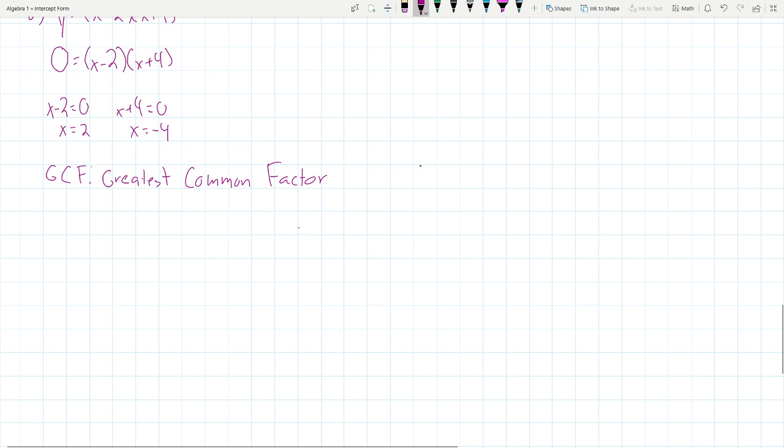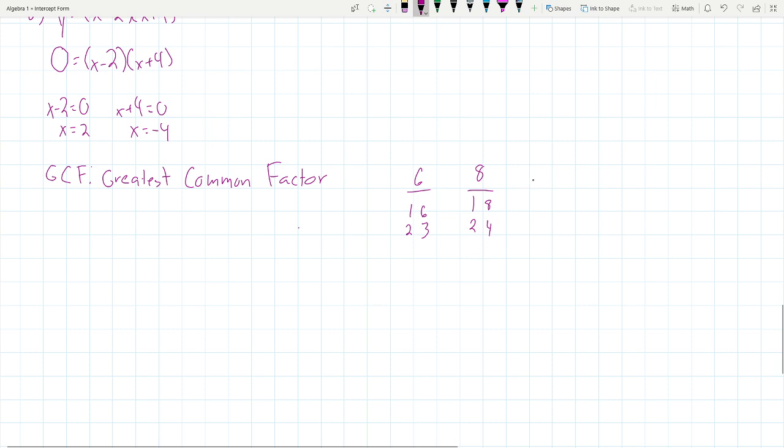And if you don't quite remember what a factor is, if I have the number 6, its factors are 1 and 6, 2 and 3. 8's factors are 1 and 8, 2 and 4, and that's it.